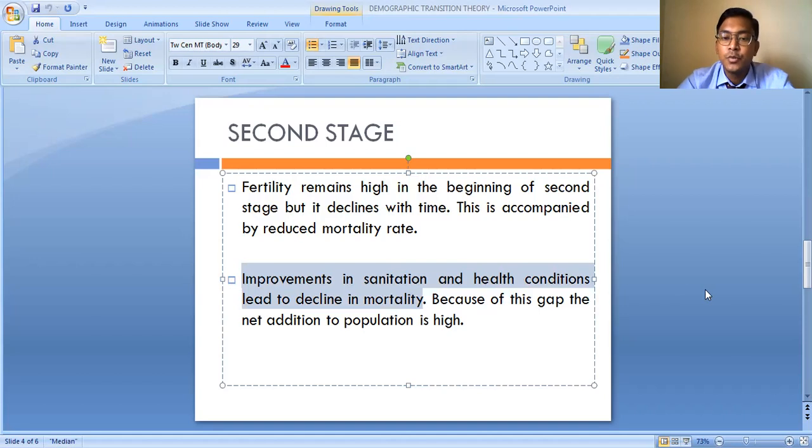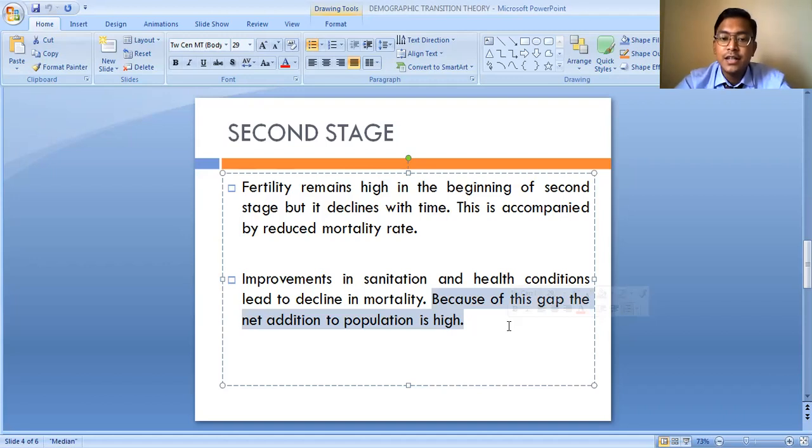Because of the gap between the birth rate and the death rate, there is a net addition to the population, and the addition to the population is high.